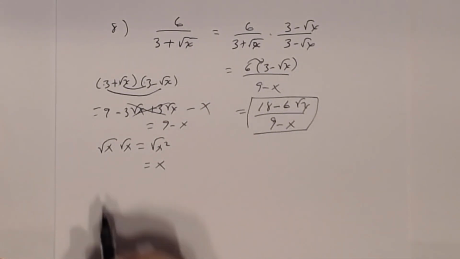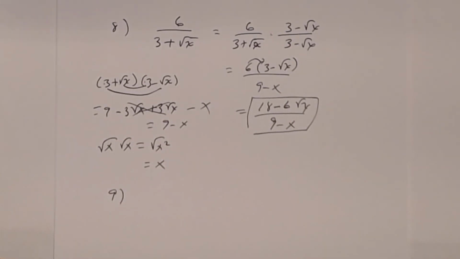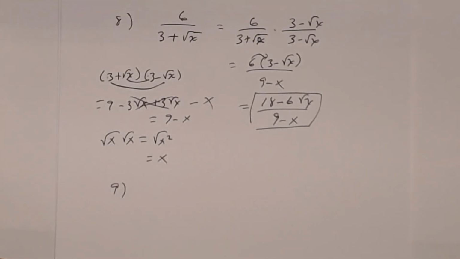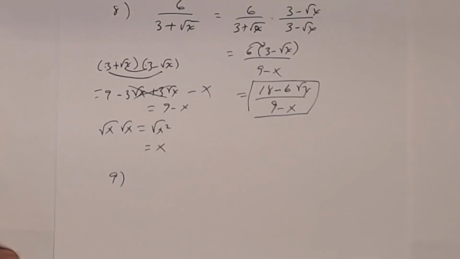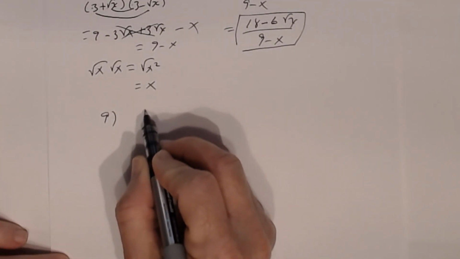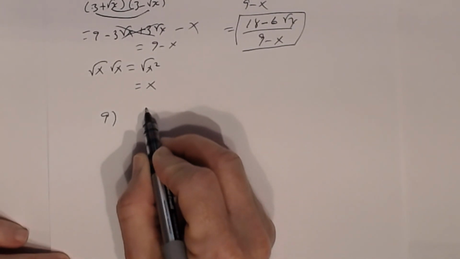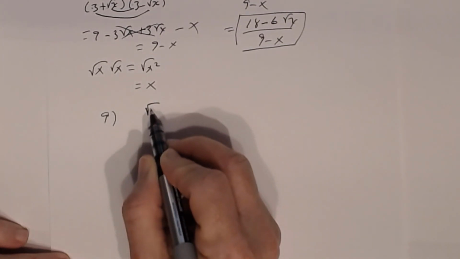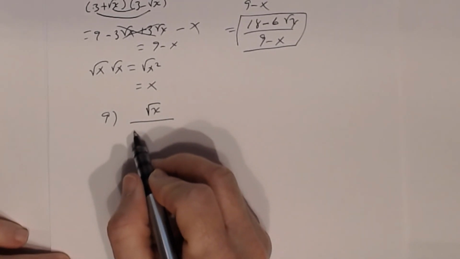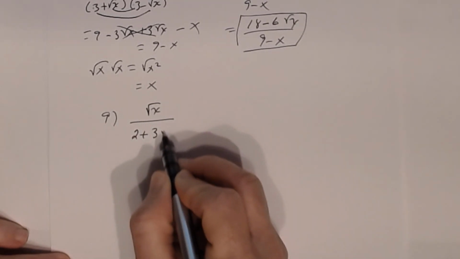All right, so let's look at another one with a variable. So let's suppose we had this: the square root of x, I'm making this up, square root of x divided by 2 plus 3 square root of x.